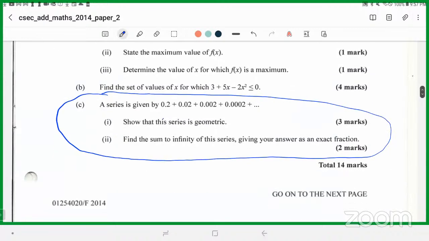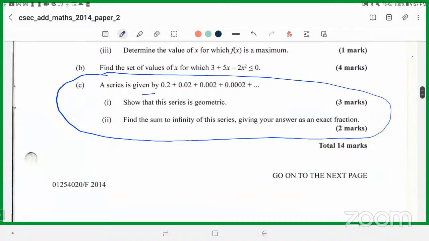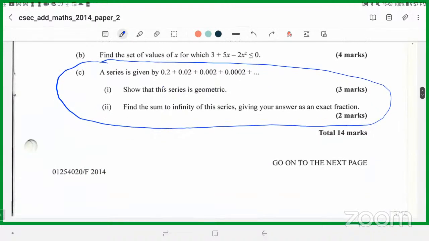All right, so this one says, this is a series. Show that it is geometric. Same thing again. Show that it has a common ratio. If it is geometric, it has a common ratio.